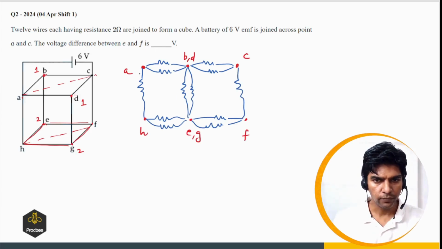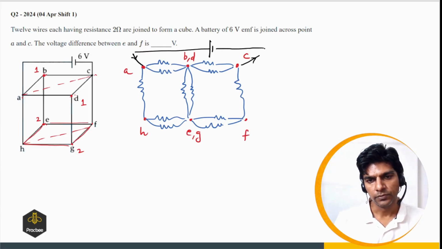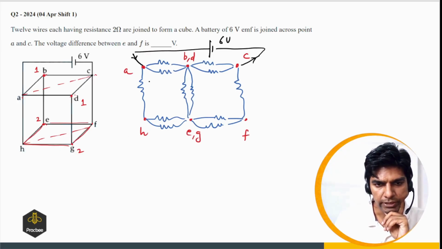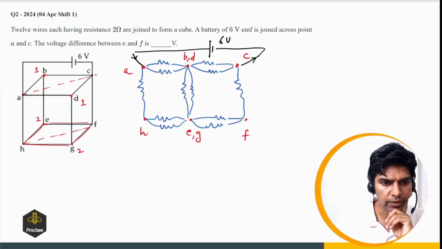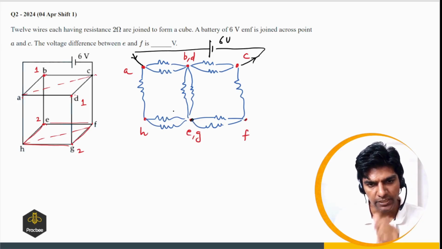Now we are supplying current, so current is entering from this end and it is leaving this end, right? So that is given to us. This is a 6 volt battery. Now if you look at this circuit, we have to find the potential difference between E and F, okay? Let us simplify this.